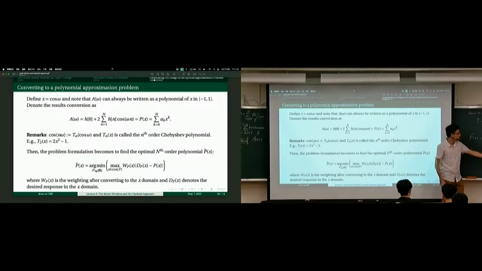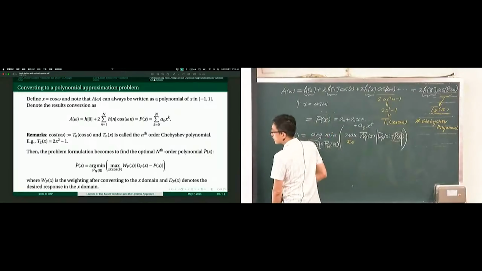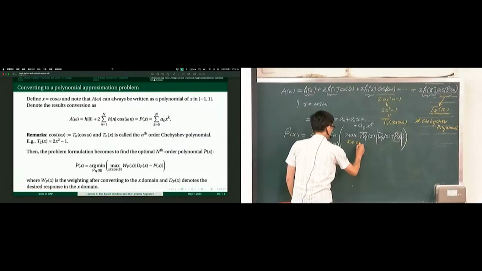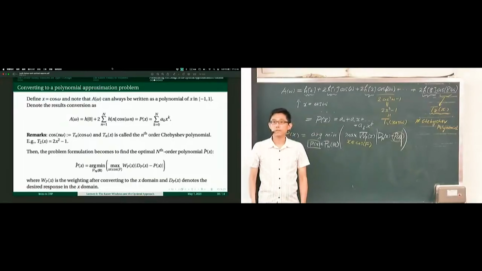You make a random guess of p, you get the maximum approximation error, and you want to minimize that maximum approximation error. Maximum over which? The maximum over any x in, I say, cosine of the original union of intervals.